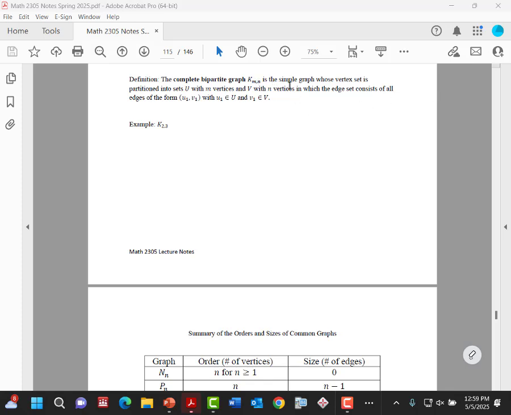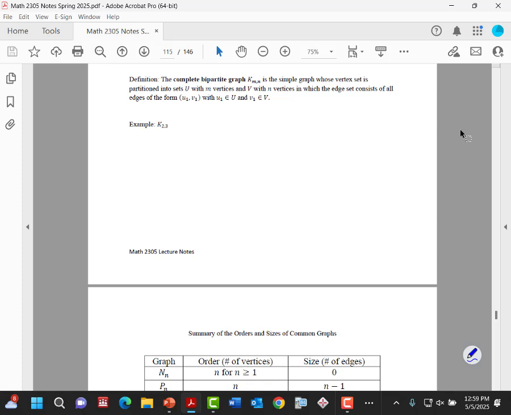So when I say simple graph, that simply means no loops, no parallel edges, whose vertex set is partitioned into sets U with m vertices and V with n vertices, in which the edge set consists of all edges of the form U1, V1, with U1 coming from U and V1 coming from V. Okay, I know that seems like a lot. We'll take a look at a couple of examples.